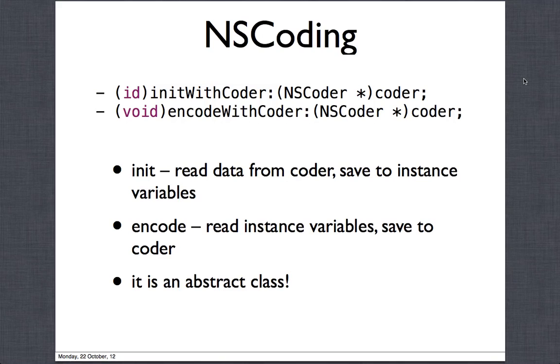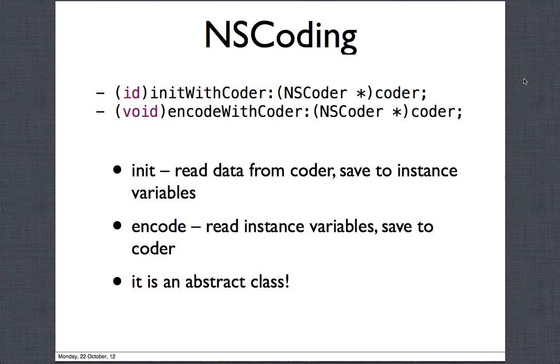It reads the data from the coder and saves it into your instance variables. So if you have a series of bytes, you have to write the method to convert the series of bytes into your object. In other words, get all those variables and write the values of those variables inside the object.